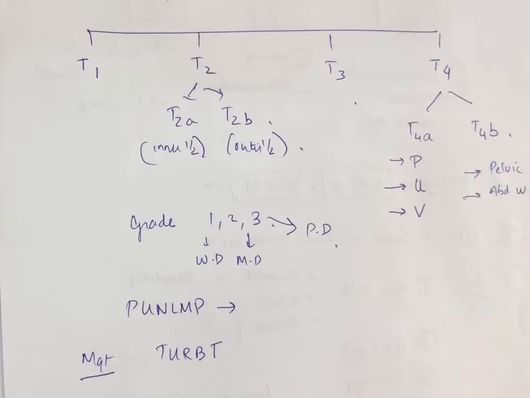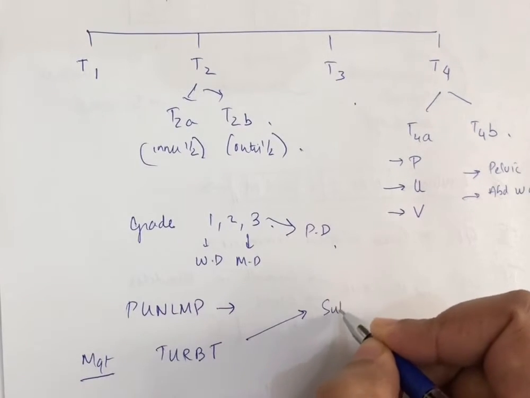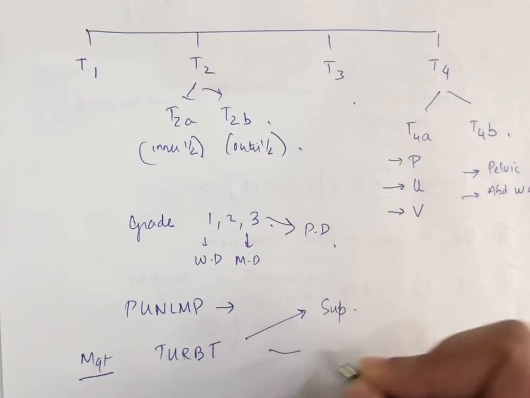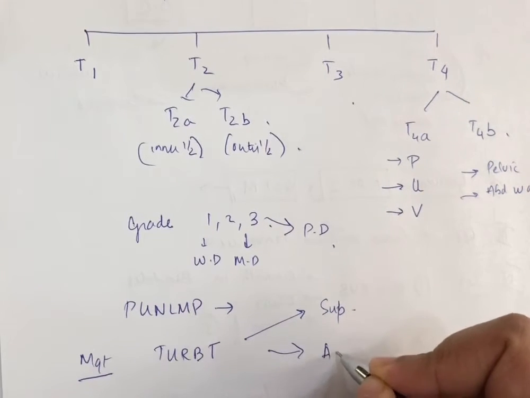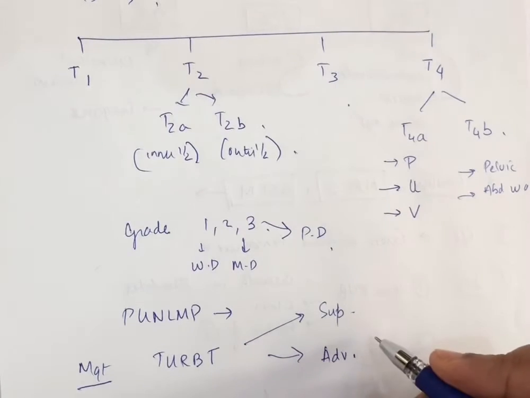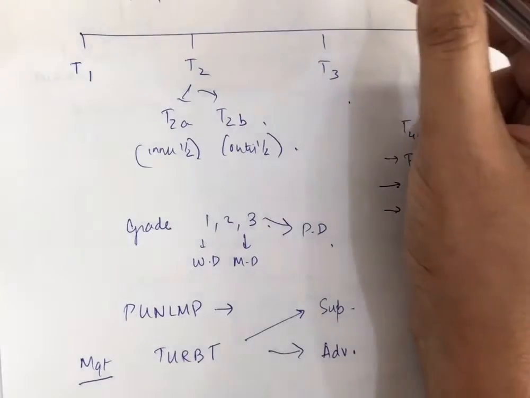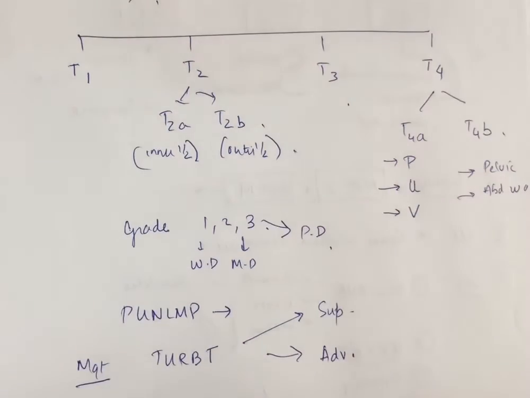Okay, so you see, it can either be superficial or it can be advanced. Advanced involves a deep layer, that is, it invades the muscle layer. We said T2 is if it involves the muscle layer, right?